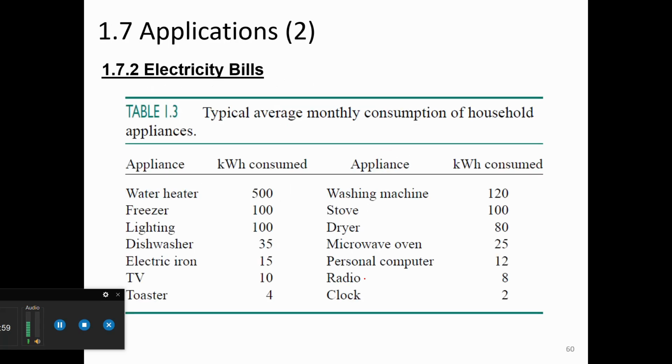In another example, we'll try to calculate and compute the energy that is being utilized in our homes. The typical average monthly consumption of a household is given. We may be asked to calculate the total bill depending upon specific tariffs.